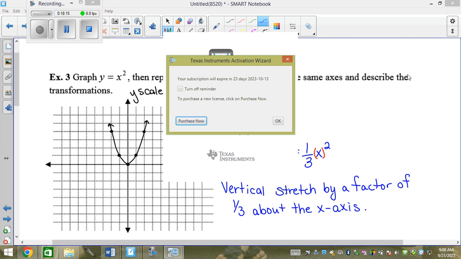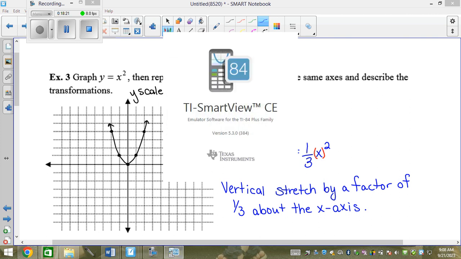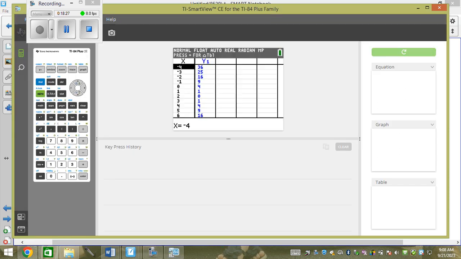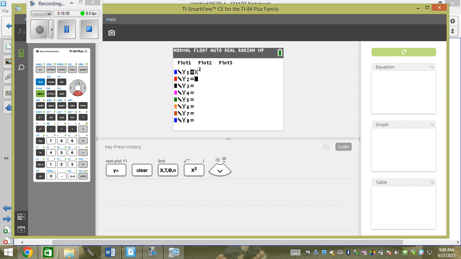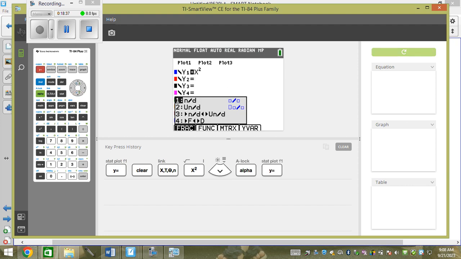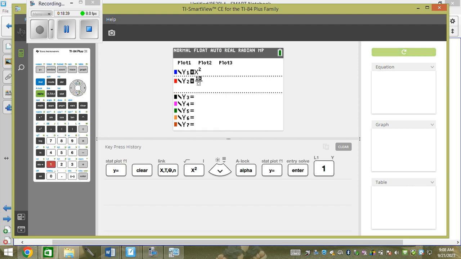For you guys, you can just use the fraction button. So we have x squared, and then we have 1/3 x squared. So I press graph.